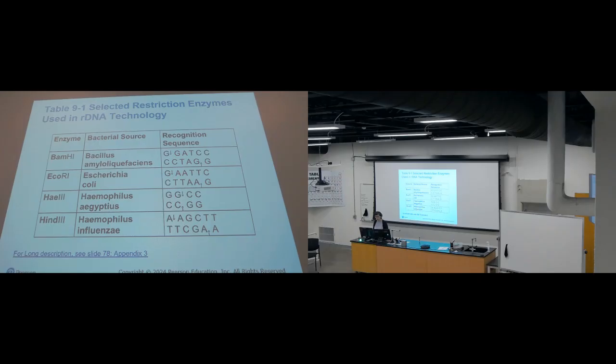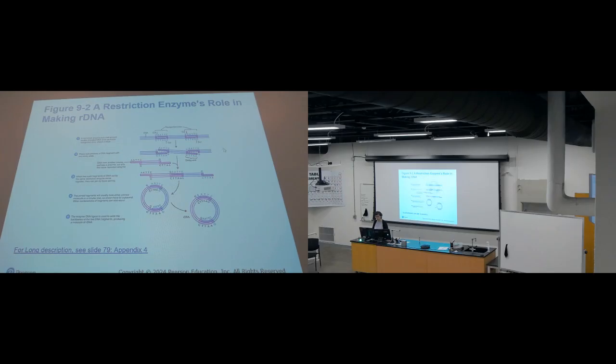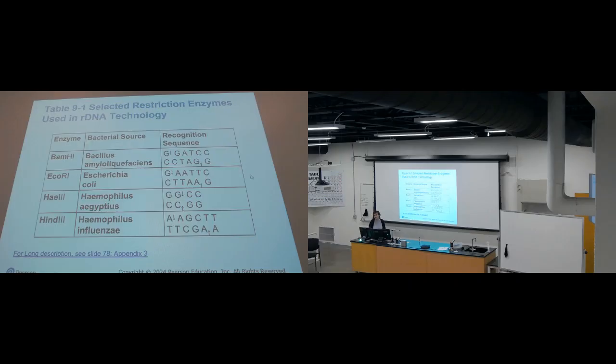Okay, so here we have some examples of sequences identified and cut by these enzymes. And these restriction enzymes are named based on the species that they were discovered from.